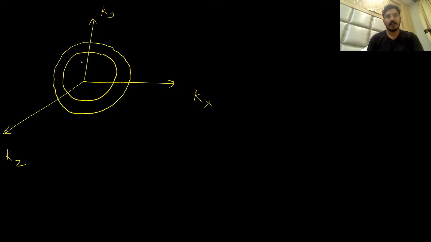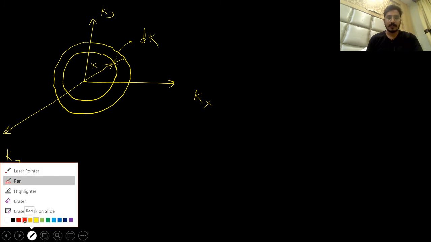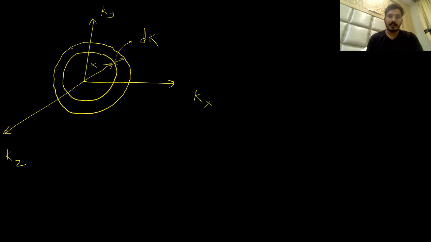So this radius is k, this is dk. I'm interested in finding the number of states available in this region, the red shaded area. How many states are there in this region?